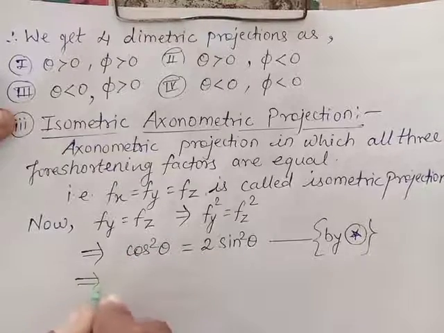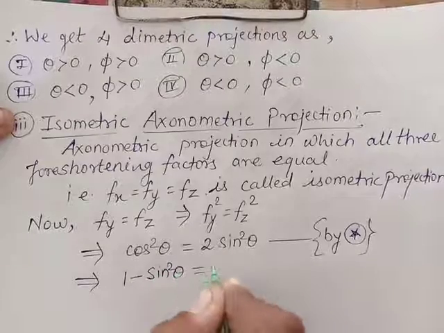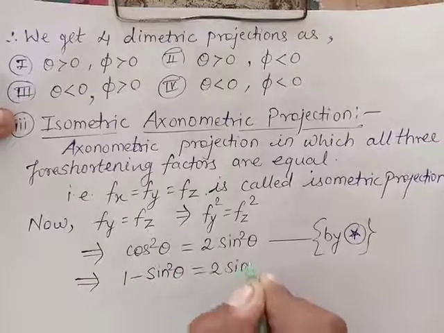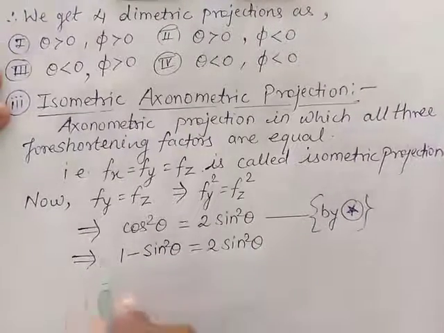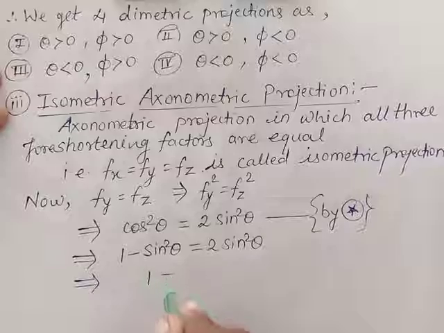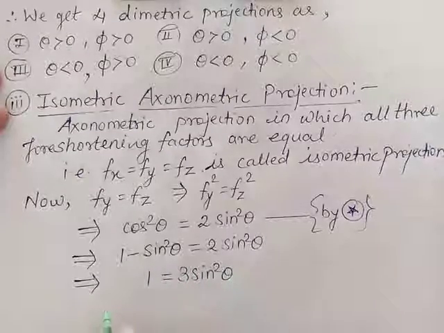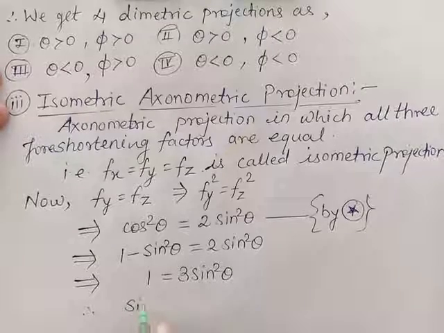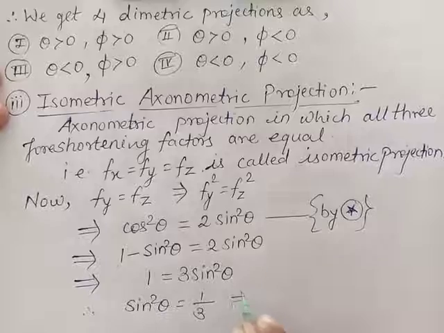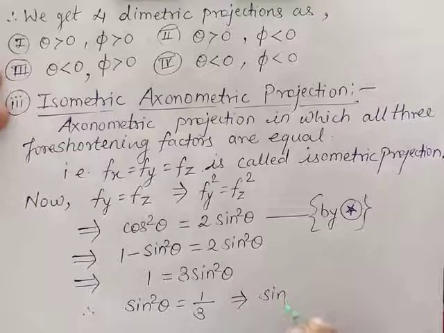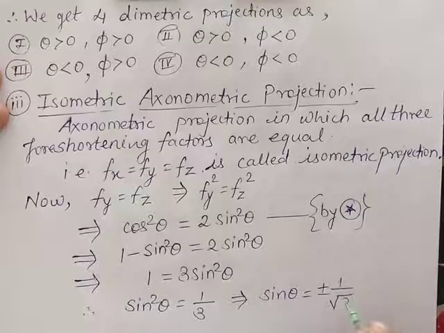So this gives 1 minus sin square theta equal to 2 sin square theta, because cos square theta is 1 minus sin square theta. So that gives 1 equal to 3 sin square theta. Therefore sin square theta is equal to 1 upon 3.